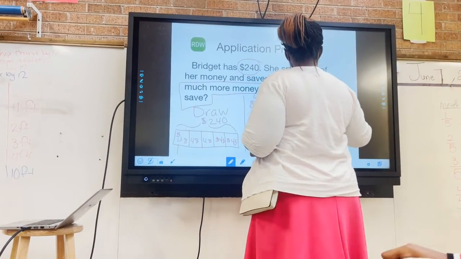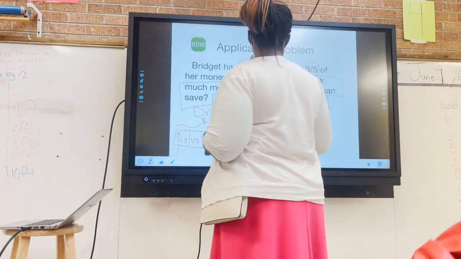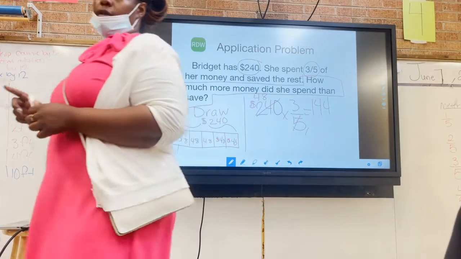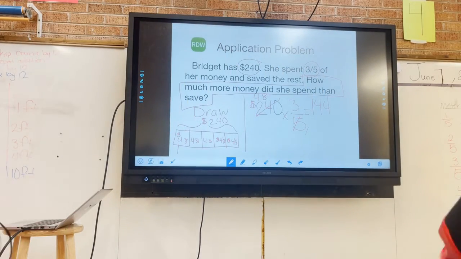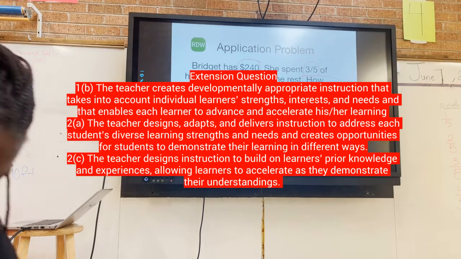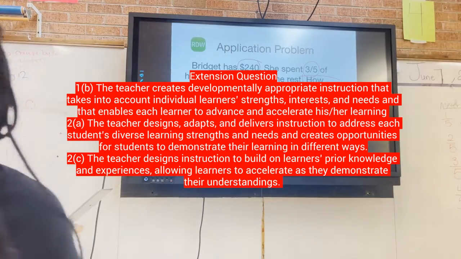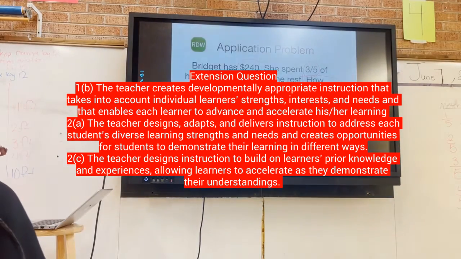Good. So she spent $144. If she spent $144, how much does she have left to save? She saved $96. Let's see if we're correct.